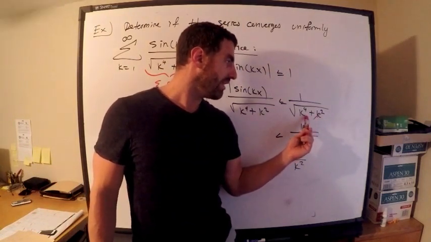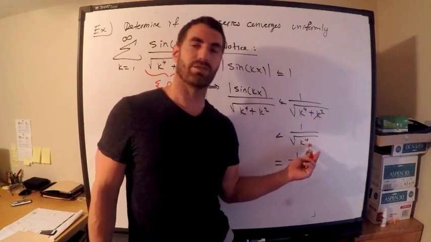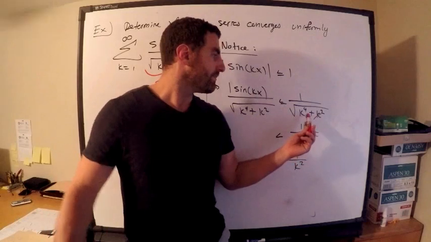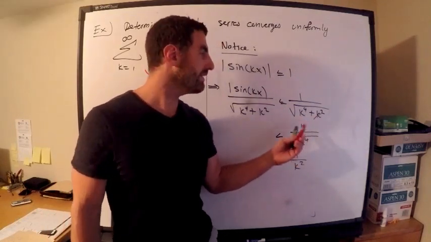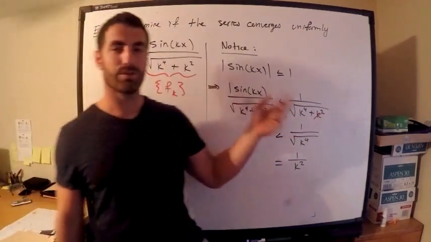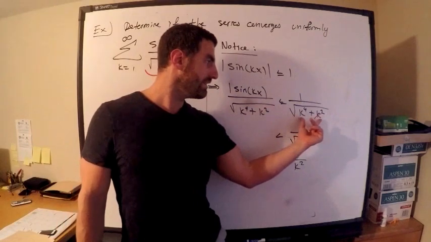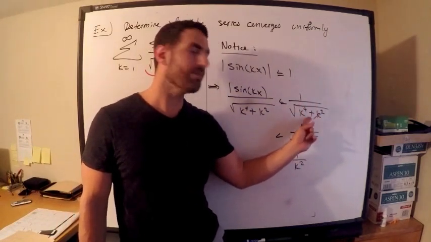The denominator in this expression is larger than in the other. k is taking the values 1, 2, 3, 4, etc., so this expression is always smaller because the denominator is larger.